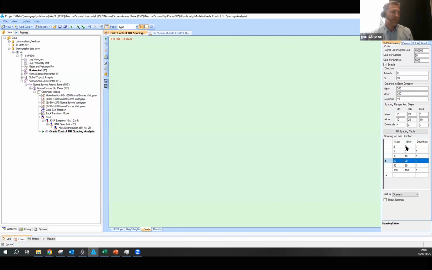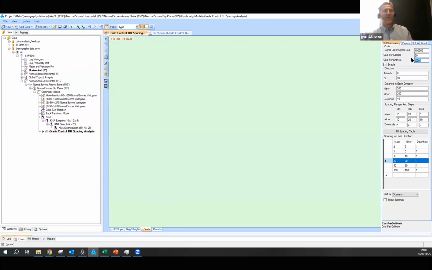What's nice about this tool, specifically in this supervisor, is that you can specify a cost associated with different patterns. Obviously, the more drill holes we drill and the more samples we have, the more expensive it's going to be.